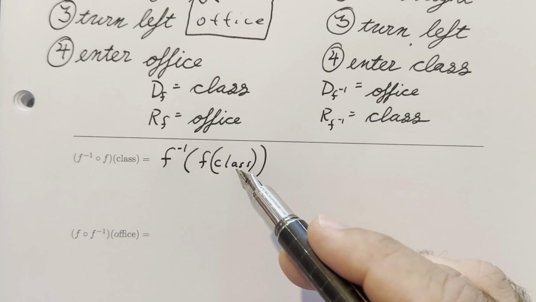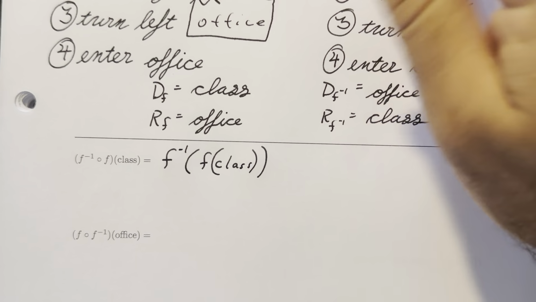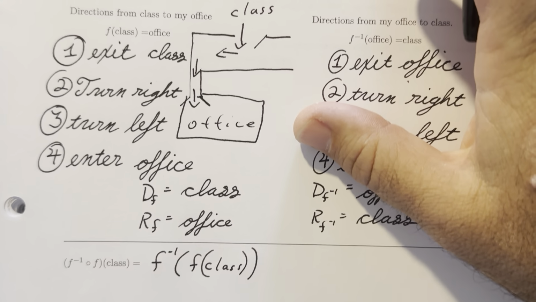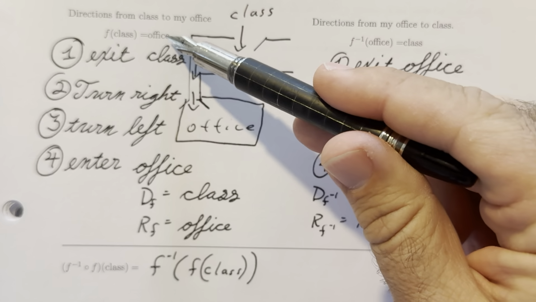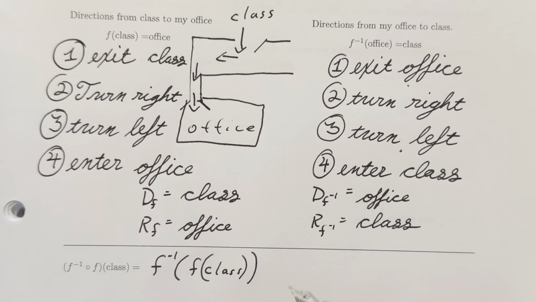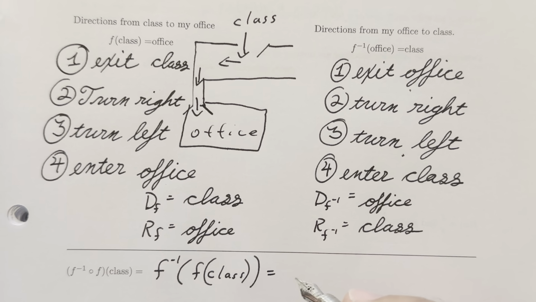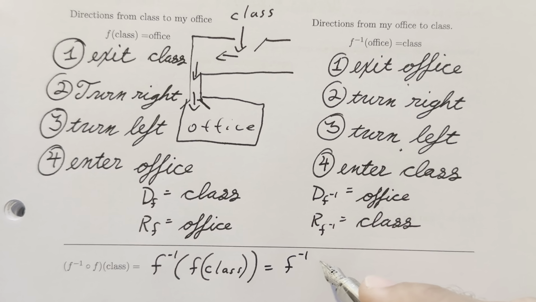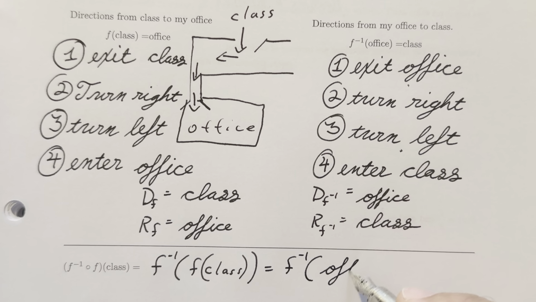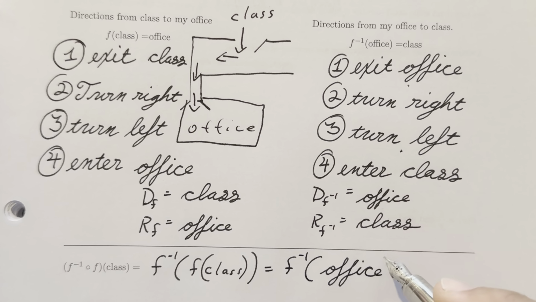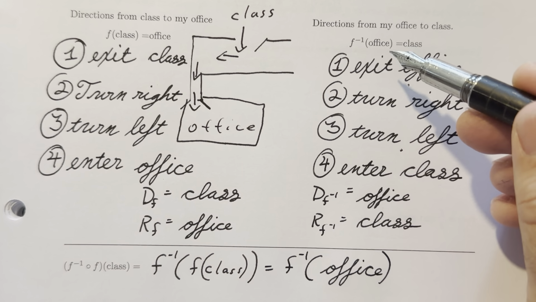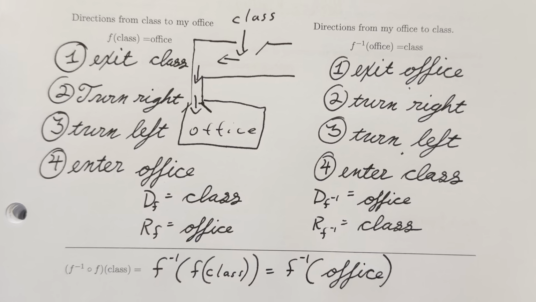And what is f of class? Well, f of class is the office. And the inverse acting on the office, you look up here, it's just the class.